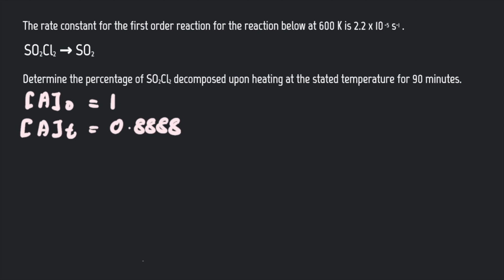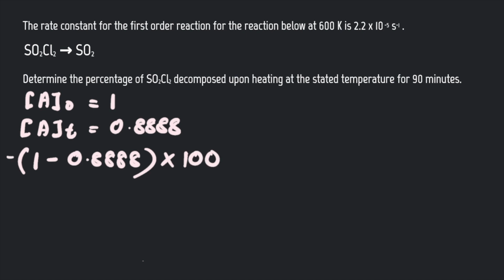Hence, what we are going to do is just subtract the final, 0.8888, from the initial, which is 1, and then we times this value by 100 because we want it in percentage. Therefore, your final answer will be 11.12%. So this is the final answer for the final question.